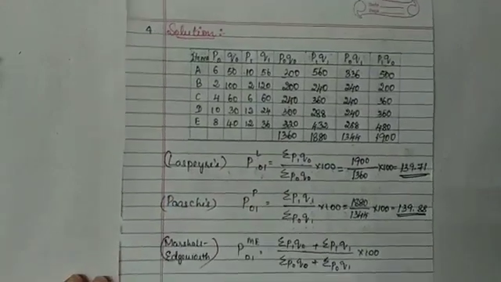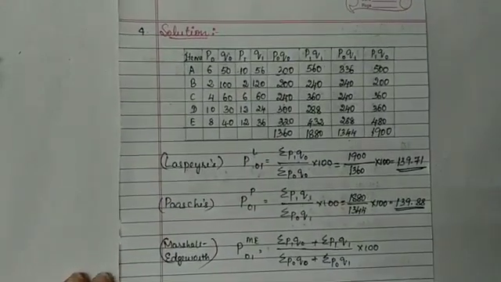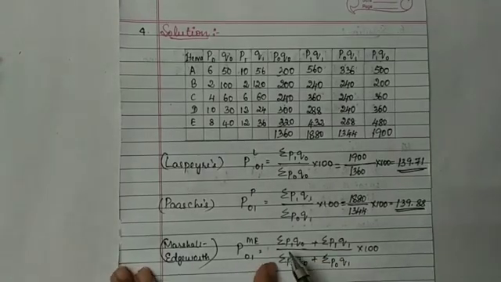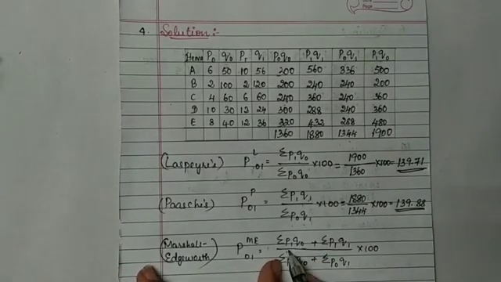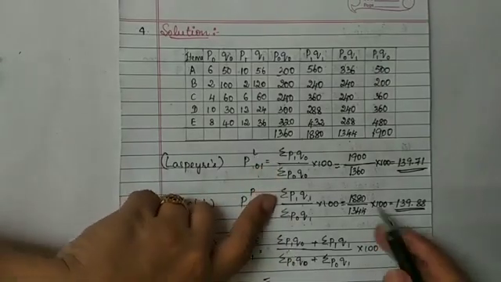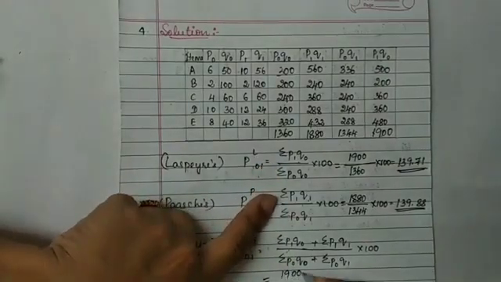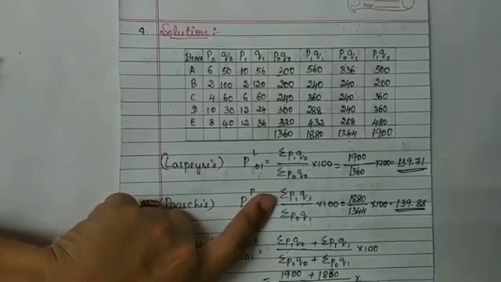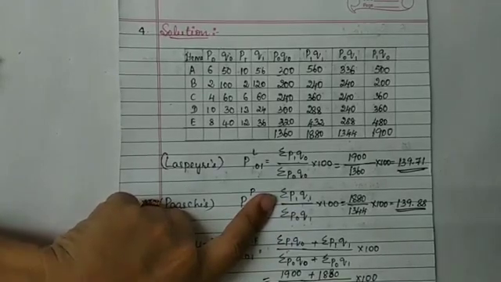Yes. Now the third one is Marshall and Edgeworth. According to the formula, summation P1 Q0 as it is, we are writing 1900, divided by 1360 plus 1880 plus 1344, into 100.